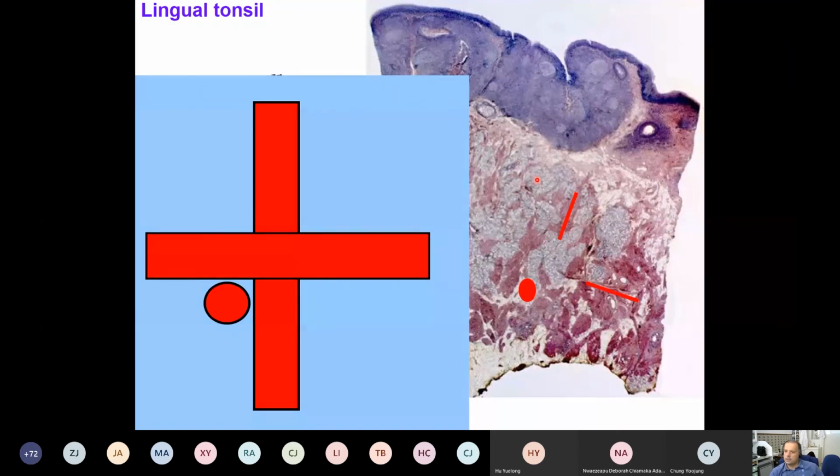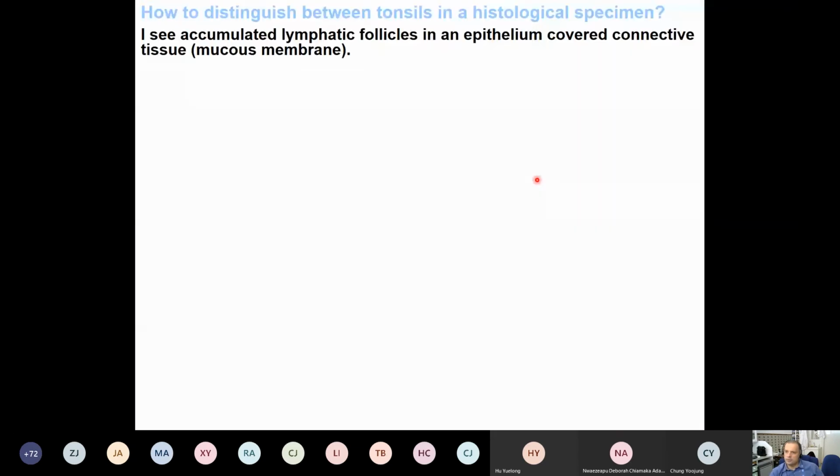Okay, so this is how to distinguish the tonsils, but because it's a common problem in the exam, I made one more slide on this issue, and this is just a decision algorithm. It's a help to decide what slide I have. So it's an easy thing.